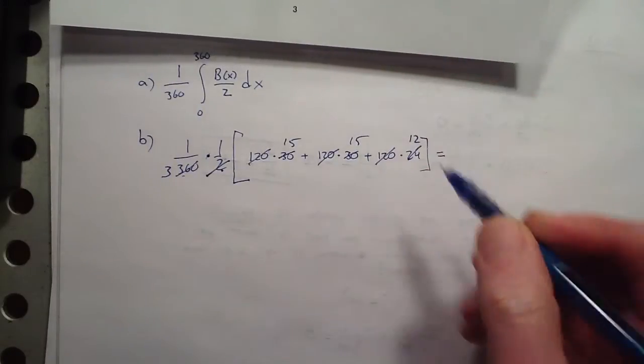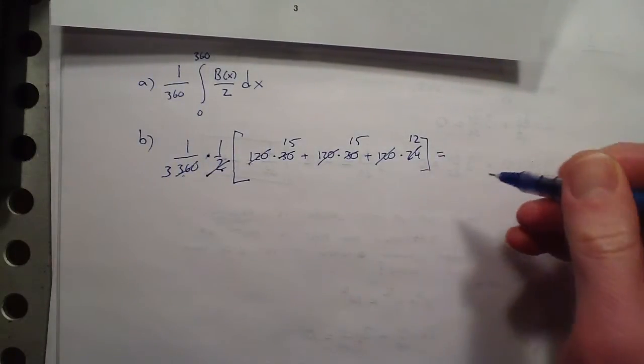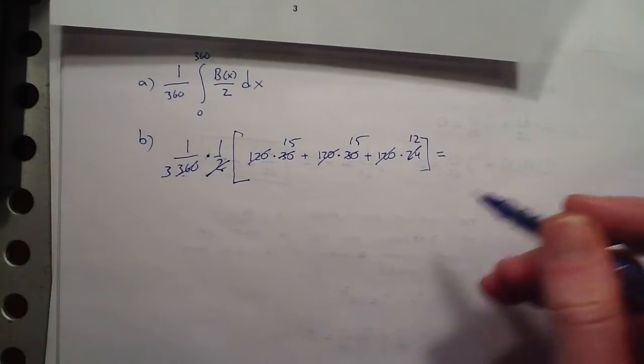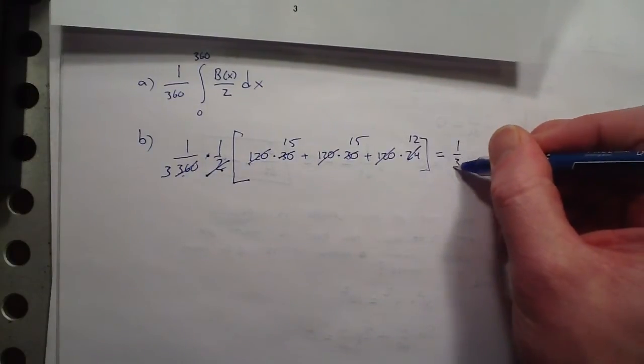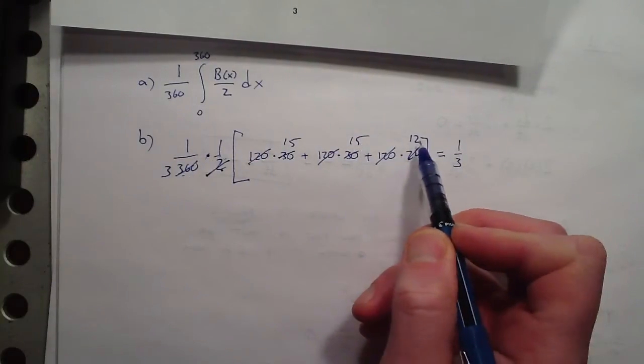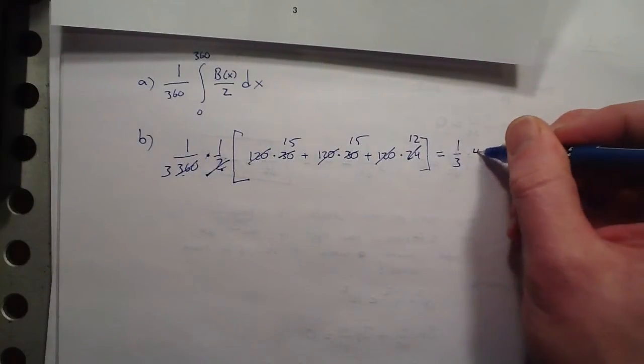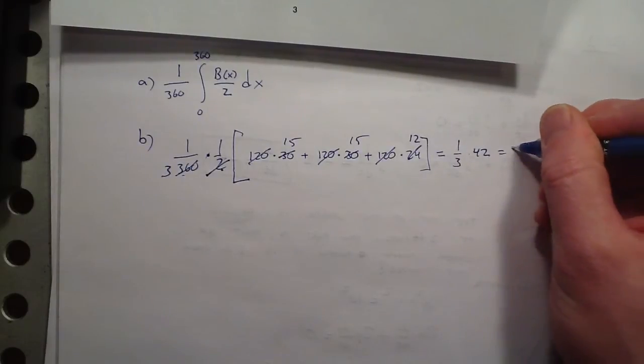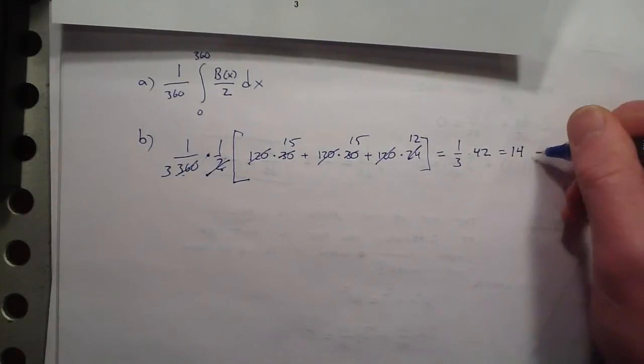This is calculator allowed, so you don't have to do this. My calculator's not on, so I'm being lazy in a way, I suppose. So this is 1/3. 15 plus 15 is 30. So that's 42. It's 42, which is 14.